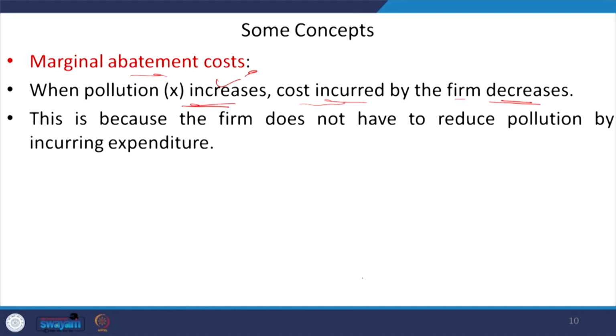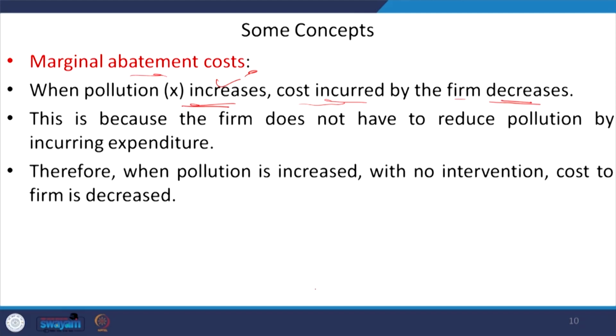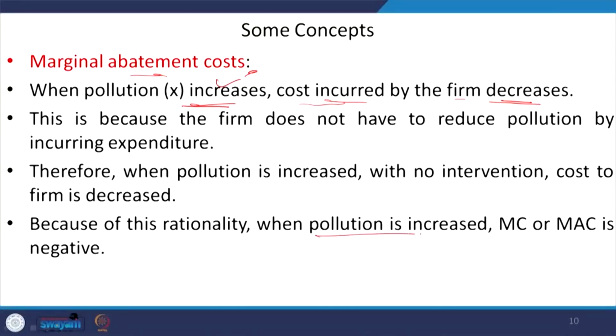Therefore, we can say that when pollution is increased, and if there is no intervention from the regulatory authority, the cost to the firm will be decreasing. So, because of this logic, we are saying when the pollution is increased, the marginal cost or marginal abatement cost is negative, okay, because when pollution is increasing, the cost incurred by the firm for treating this pollution is decreasing.